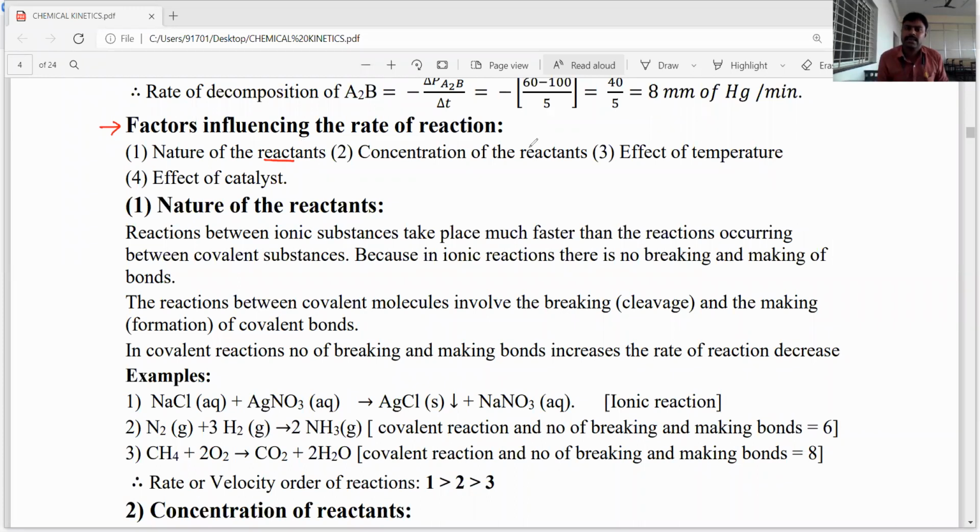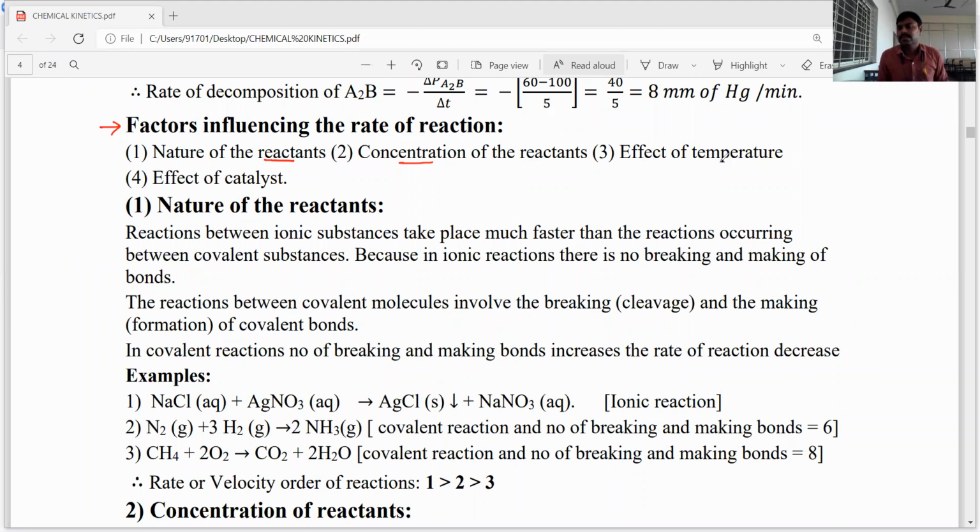We need to discuss those points. The second one is the concentration of reactants. Already we know that the rate expression is generally expressed in terms of the concentration of reactants only, so the concentration of reactants is a main important factor for the rate of reaction.